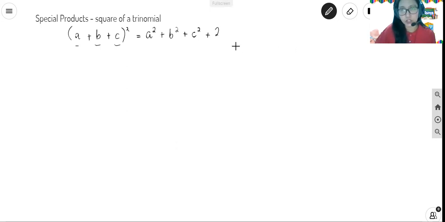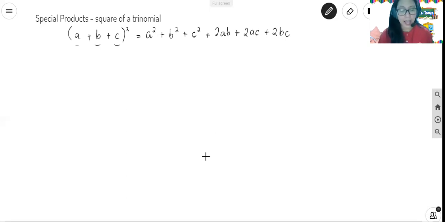Let's multiply first a and b, and then plus 2 times a and c, and then 2 again multiplied by the other two terms, b and c. So our pattern would be a squared plus b squared plus c squared plus 2ab plus 2ac plus 2bc.